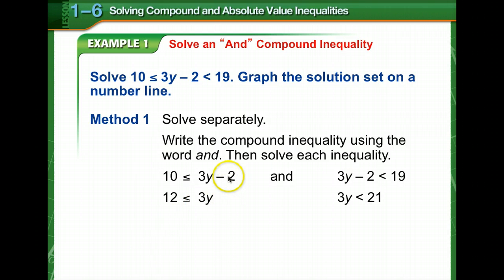So we're going to solve by adding 2 to both sides. Also here we'll add 2 to both sides. Divide both sides of this inequality by 3 and of this inequality by 3. So we have 4 is less than or equal to y, and y is less than 7. So we could rewrite it back as a compound.